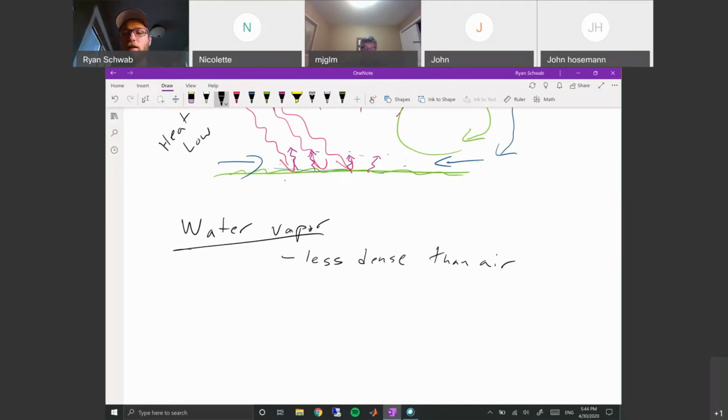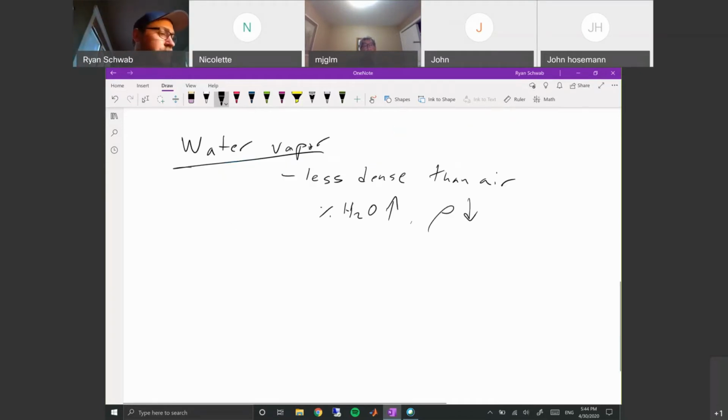So with that, if you have high humidity, that means that your air is less dense. So as the percent of water in the air goes up, the density goes down. Cool. So what that means is it's easier for humid air to kind of lift up as it gets heated.